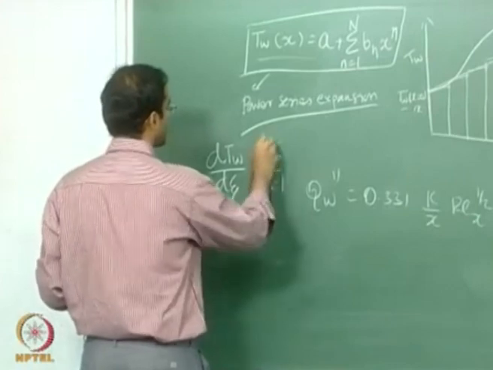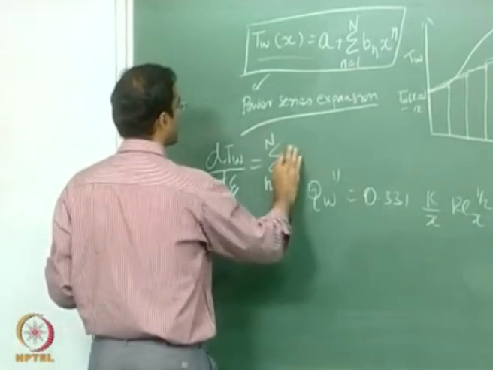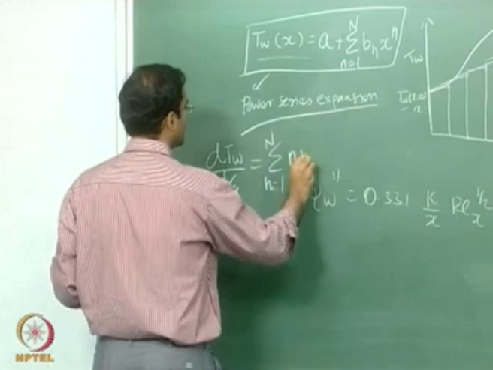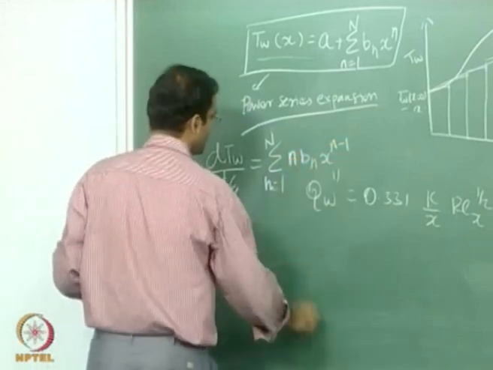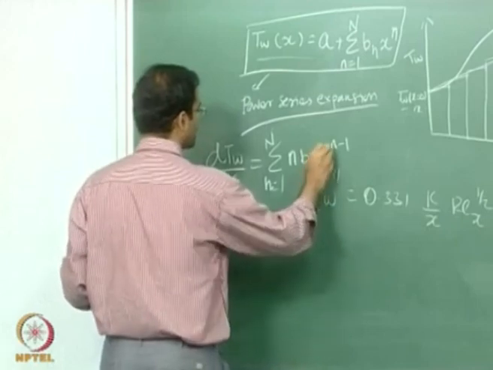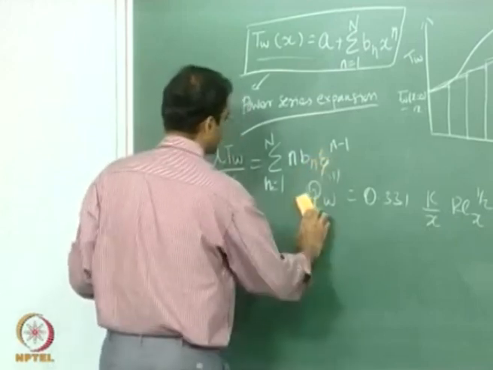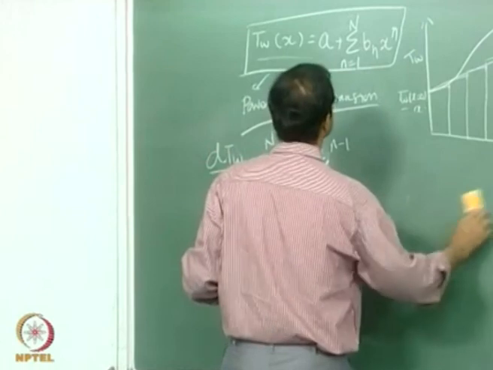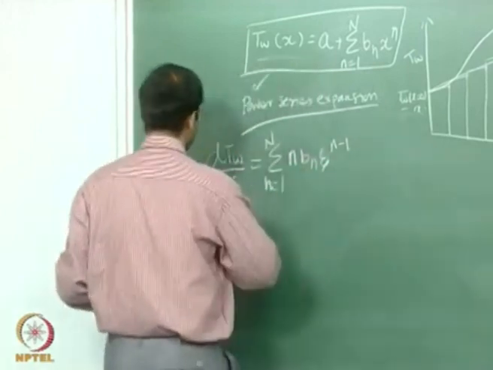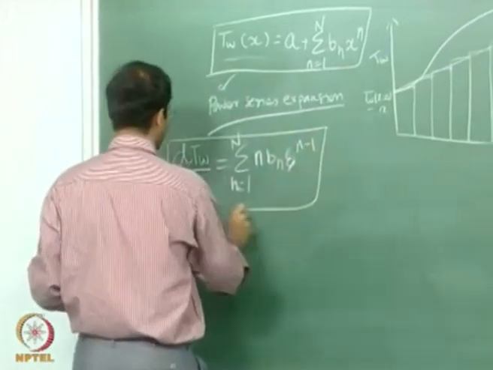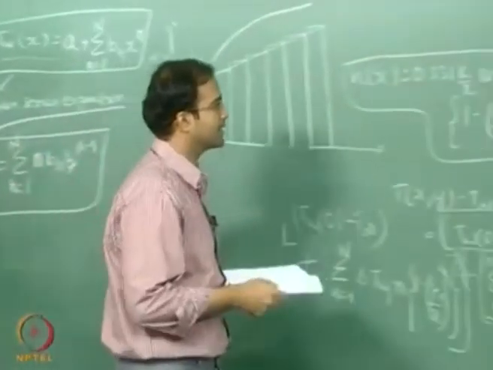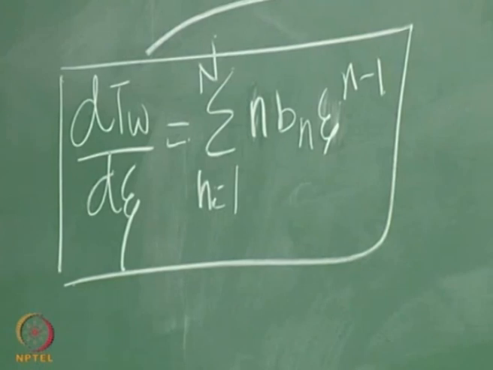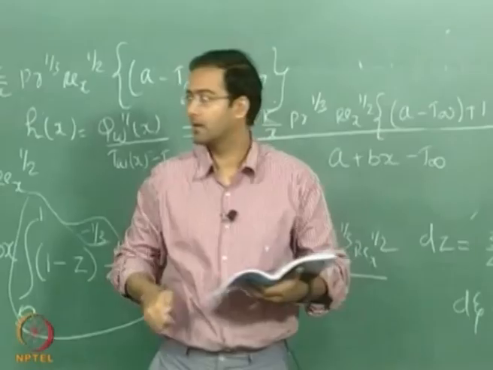Summation n equal to 1 to N, you have n B n x power n minus 1, or zeta power n minus 1. So this has to be now substituted into the expression where we had dT wall by d zeta.